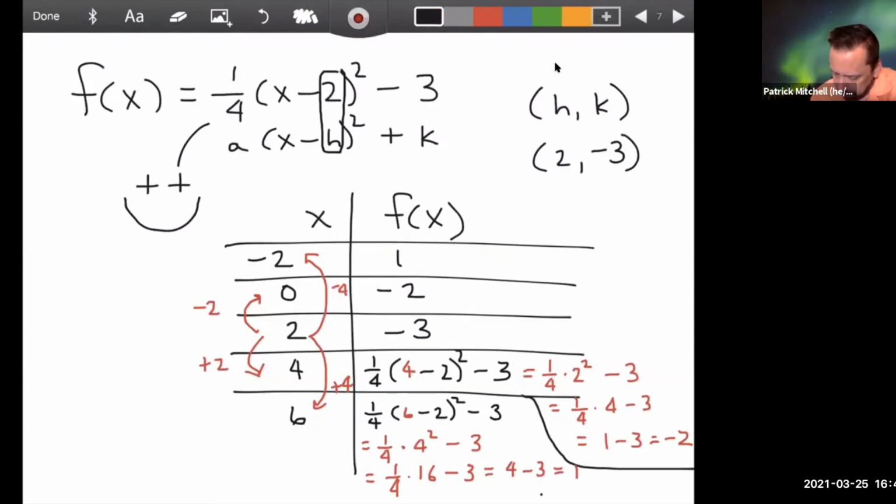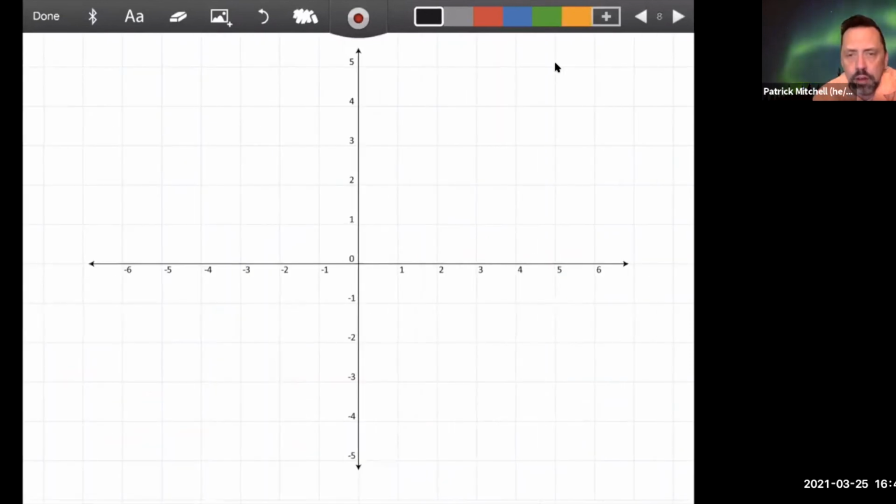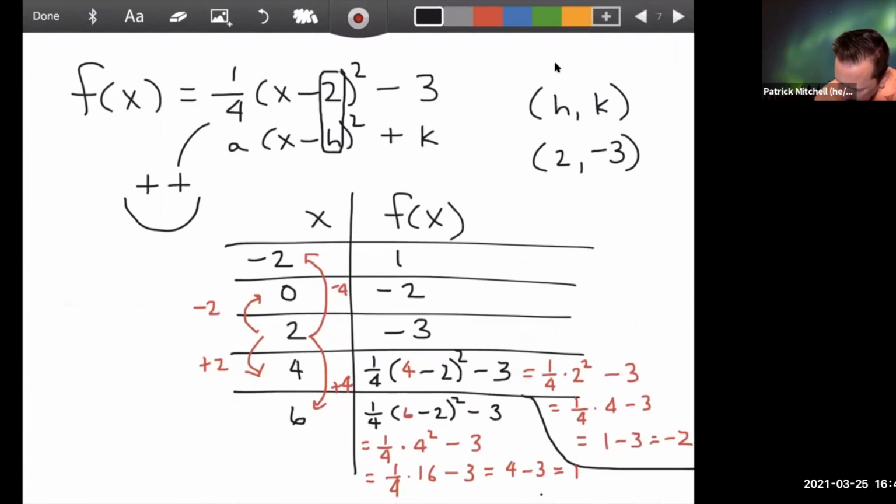All right, so we have all these points. Oh my gosh, I think this time I can use a regular scale. I can just leave my graph exactly the way it is. Vertex is at 2, -3. And then we also have a point at 4, -2, and we have a point at 6, 1, right?